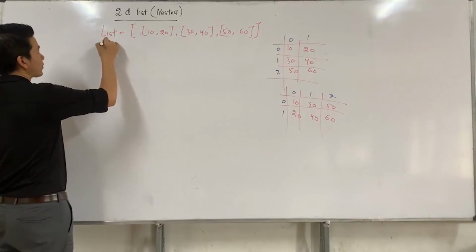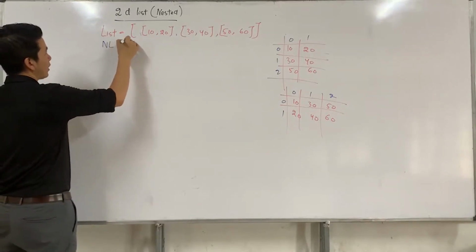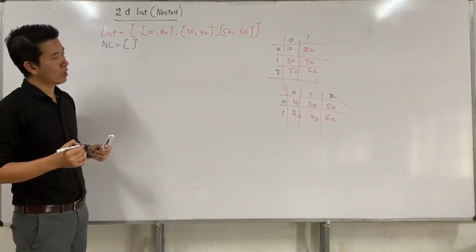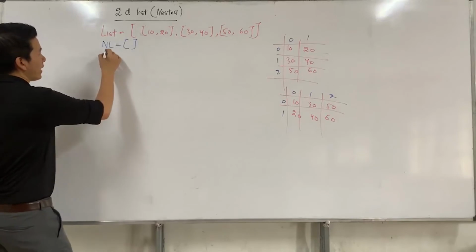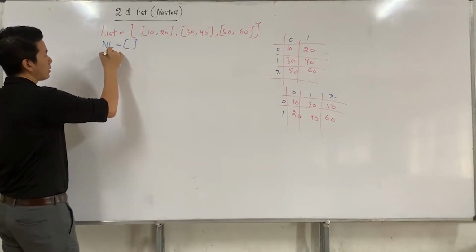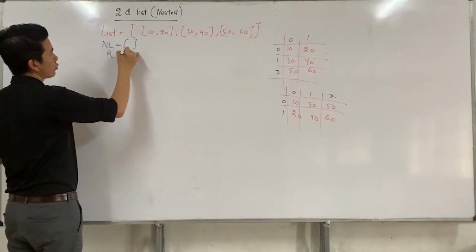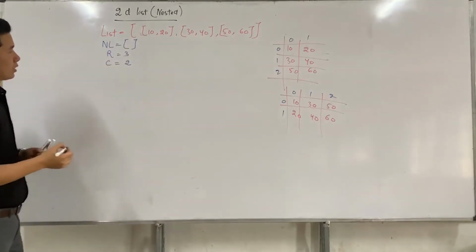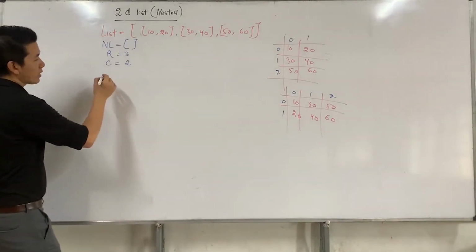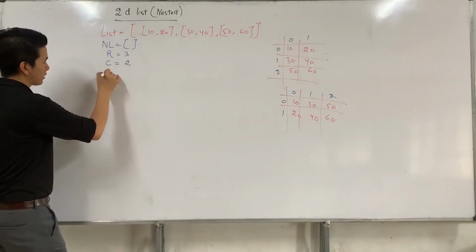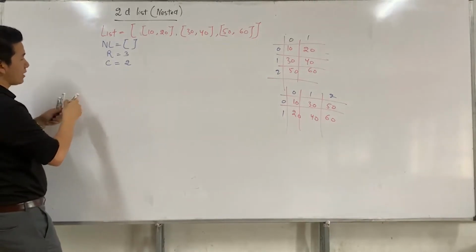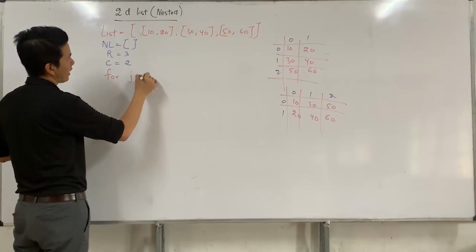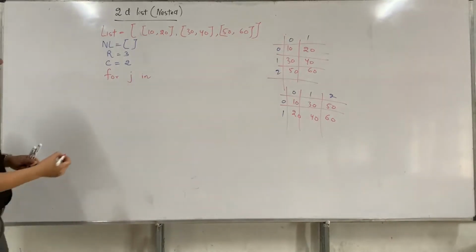So I need a new, empty list in which I'll get to see the transposed 2D list. Then I'll keep it simple. R is equal to 3, and C is equal to 2.